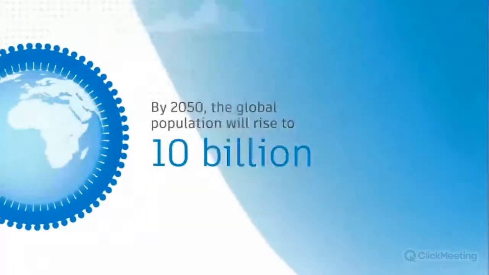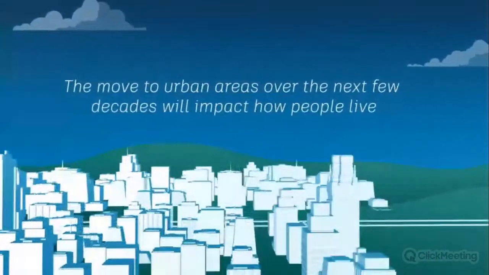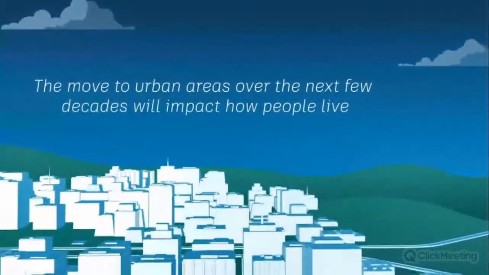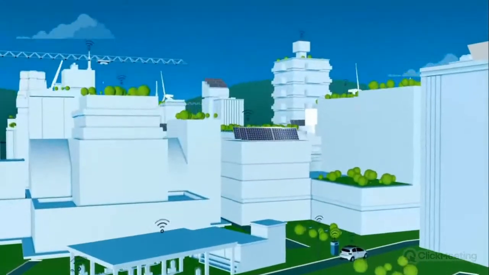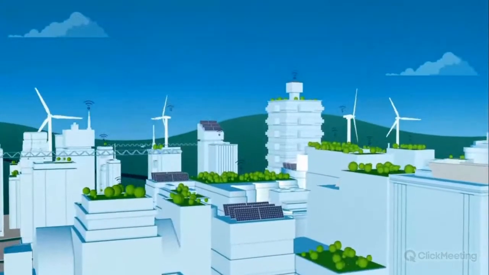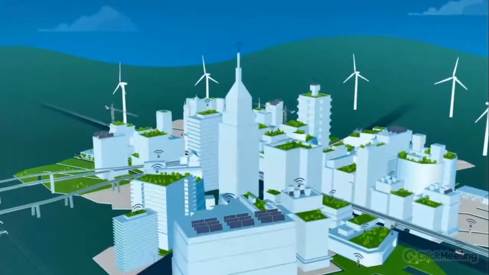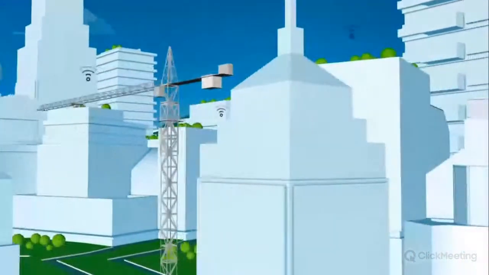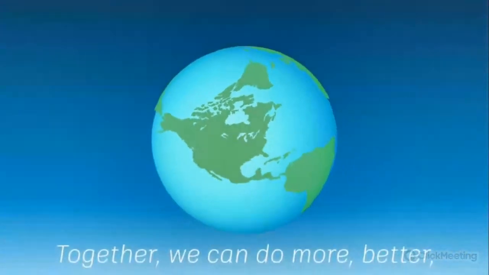The move to urban areas over the next few decades will impact how people live as well as the number of homes needed, and includes smart city planning, advanced technology, and a commitment to do things sustainably to accommodate our growing, increasingly urban population while preserving precious resources. Together, we can do more better with less negative impact on the planet.